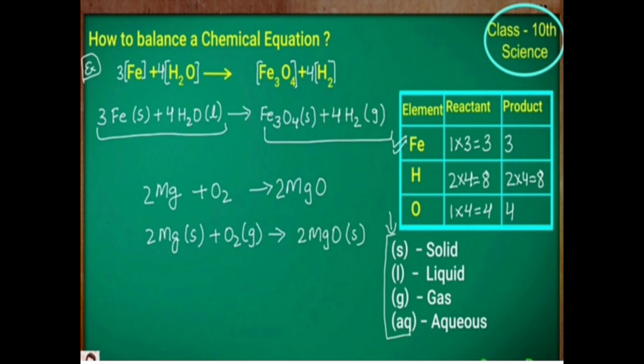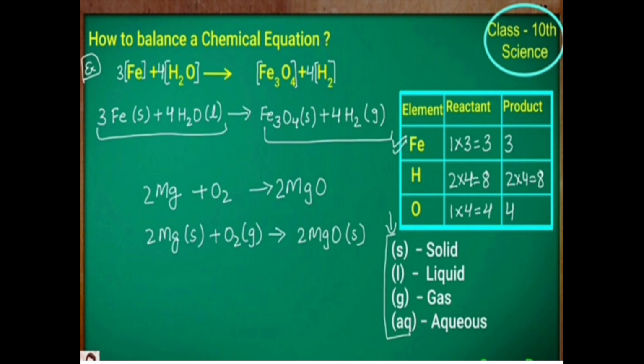Now we have to make both the sides equal by balancing the chemical equation. So as we know that on the product side the molecules of iron are 3, and on the reactant side there is only 1. So we have to increase the number on the reactant side. So what we will do? We will multiply it by 3. Before that, we will make brackets before the whole equation.